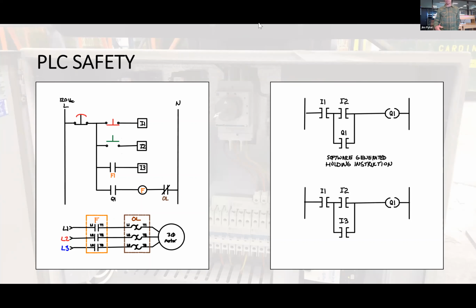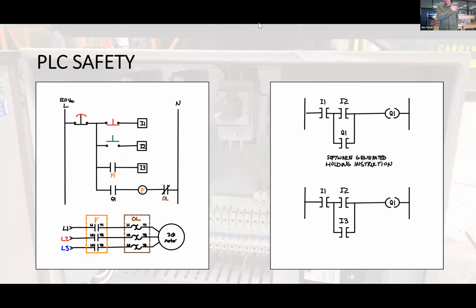That is actual physical real world feedback for the PLC to know that the contactor is closed and the motor is running. So that's a very important point: input 3 is a feedback. The system is running or the system is not running.